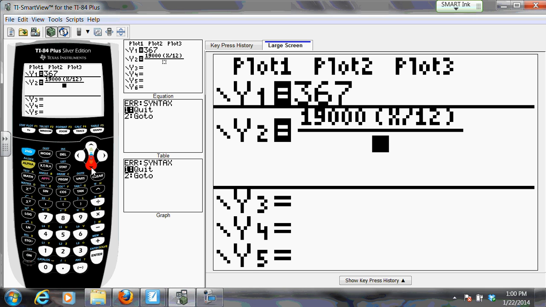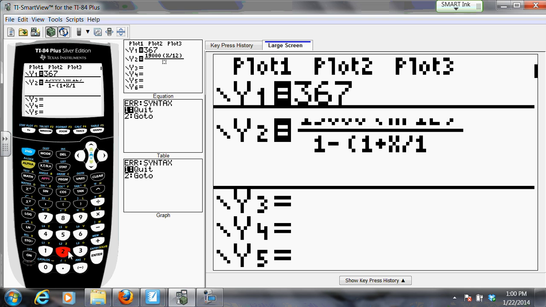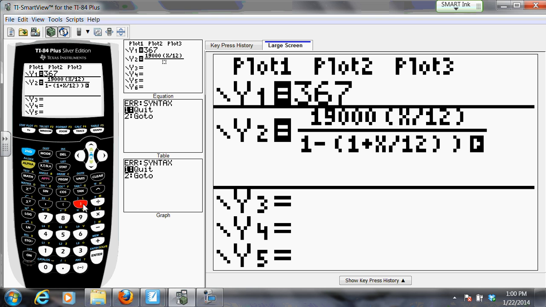And on the bottom, 1 minus parentheses 1 plus x divided by 12, close parentheses. I need a new parentheses because it's all to an exponent.